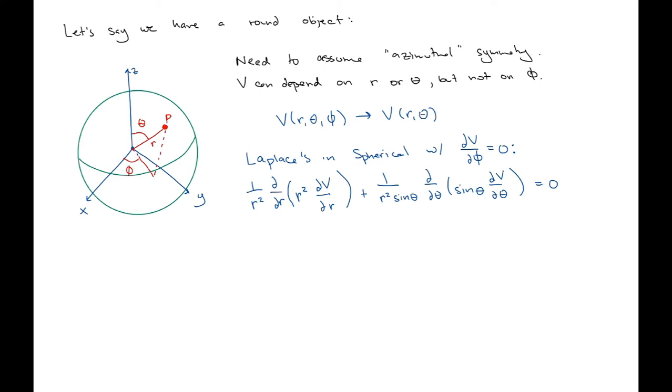Okay, we are going to simplify it the same way we did before. We're going to simplify it, and then we're going to separate the variables. So the first thing I'm going to do here is I'm going to cancel some common terms. Just get them out. I can divide everything in the equation by 1 over r squared and get rid of them.